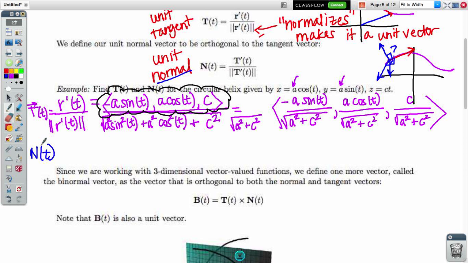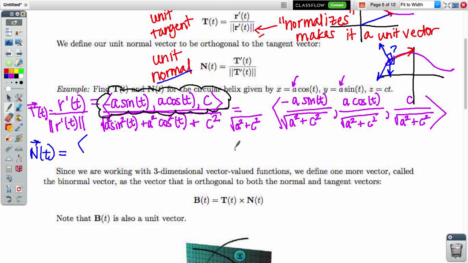So let me write this down. Okay, so our unit normal vector is going to be, I'm going to start with the derivative of this guy, which is going to be pretty hideous, except that I guess the denominators of these are all just constants. So I was thinking it was going to be pretty terrible, but it's actually not.